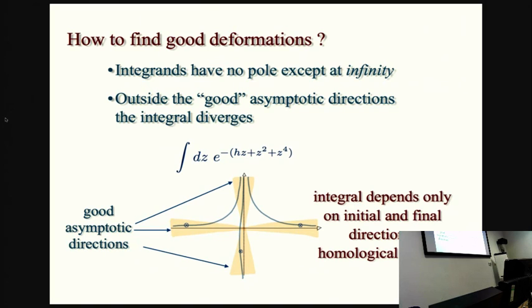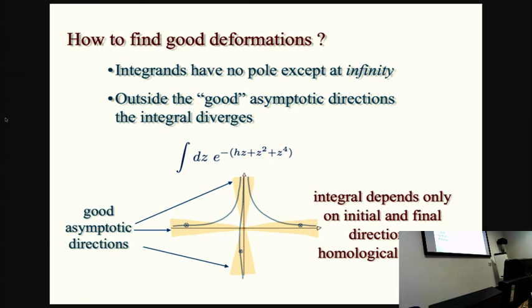oh, this is a horrible color. You cannot really see here, but there are some darker areas. It turns out that if you take your contour to either start or both start and end in one of those darker directions that you can barely see, your integral is well defined. The action goes to infinity, the integral goes to 0, and you're good. If you try to make a contour that goes along this direction, the action does not go to infinity, and the integral is not even well defined.